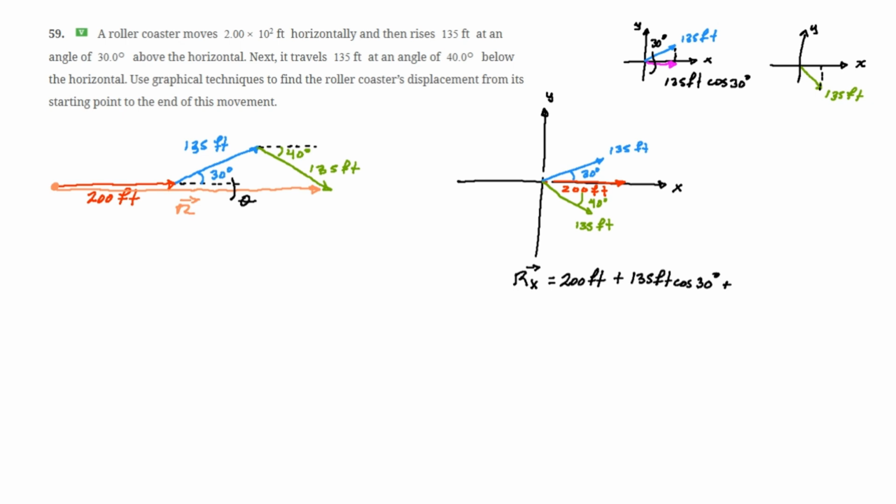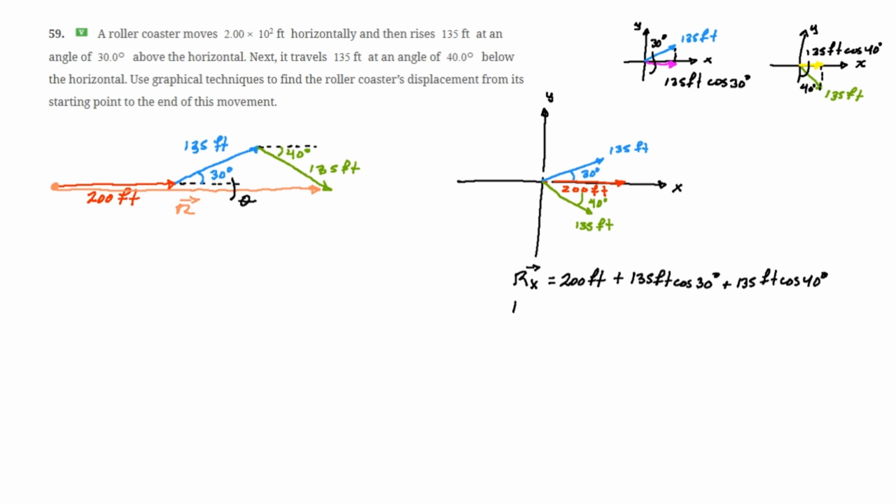And this component will be the x component, again, 135 feet, in this case cosine of 40 degrees, because this angle is now 40 degrees for the vector below. So I say plus 135 feet cosine of 40 degrees. So with that, you can find your r sub x.